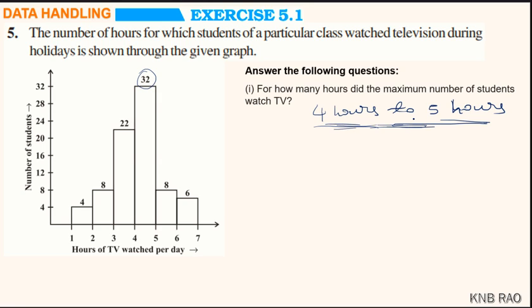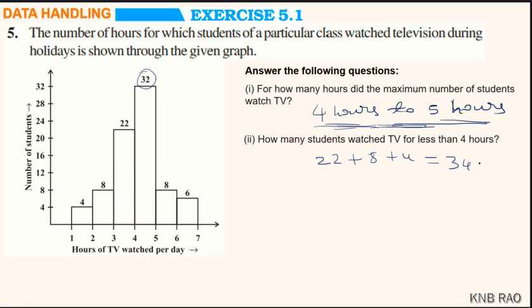Then coming to the second question. How many students watch TV for less than 4 hours? For less than 4 hours, 22 plus 8 plus 4. So put together, we have got 34 students who watched for less than 4 hours.